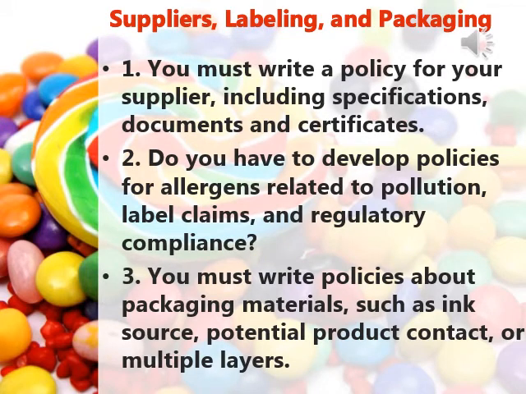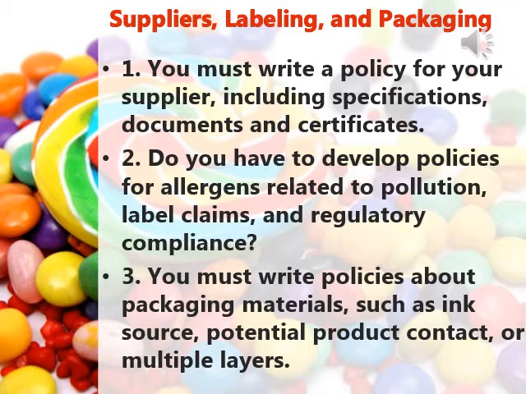And then we'll talk about suppliers, labeling, and packaging. Number 1, you must write a policy for your supplier, including specifications, documents, and certificates. 2. Do you have to develop policies for allergens related to pollution, label claims, and regulatory compliance? 3.